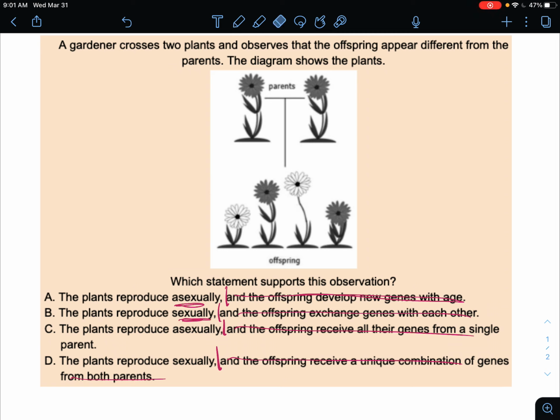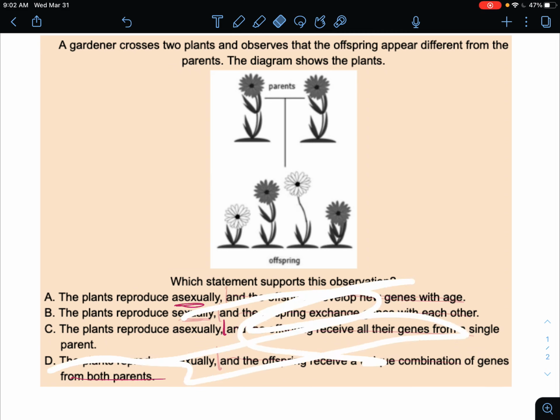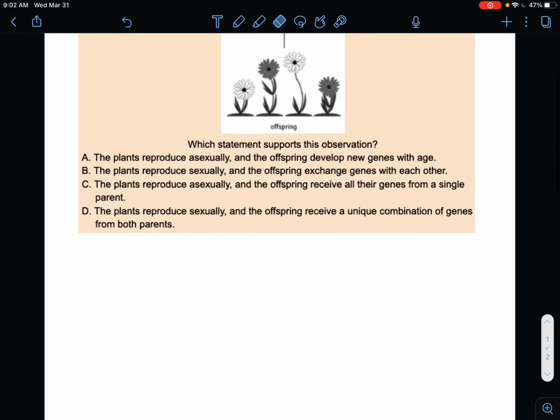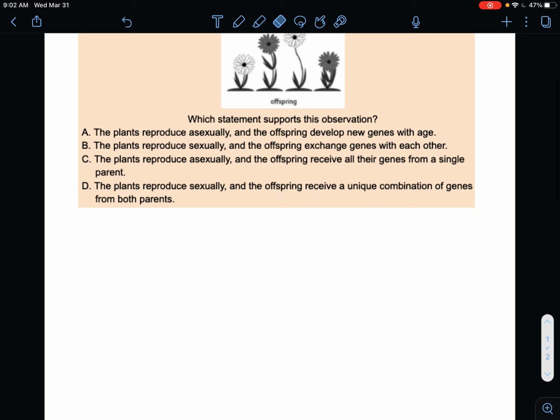Let us refresh our memory on the difference between the two, because earlier this week we've been talking a lot about asexual reproduction. With asexual reproduction, you have one parent, and all of the offspring are identical.